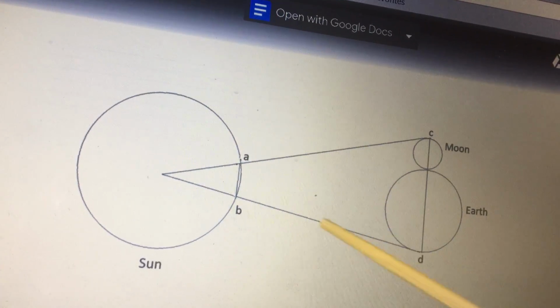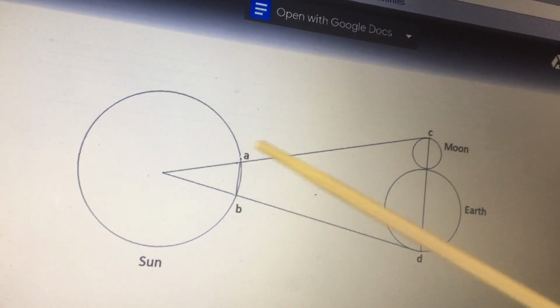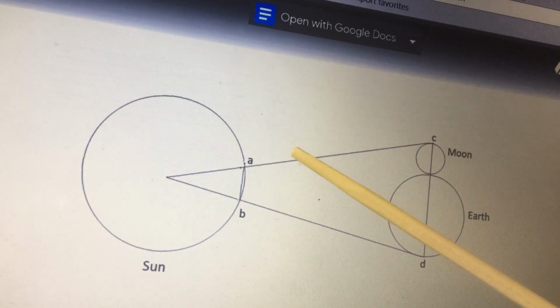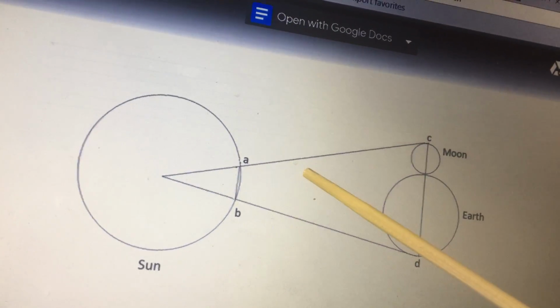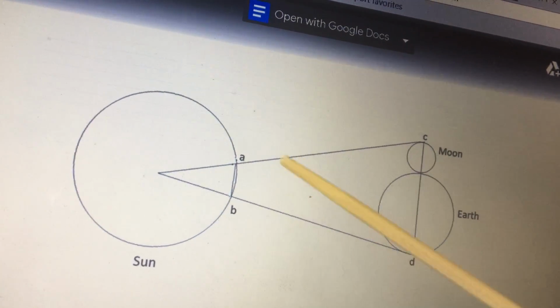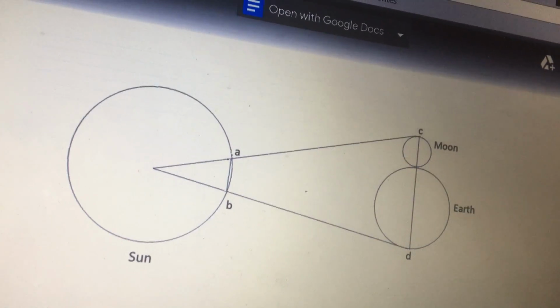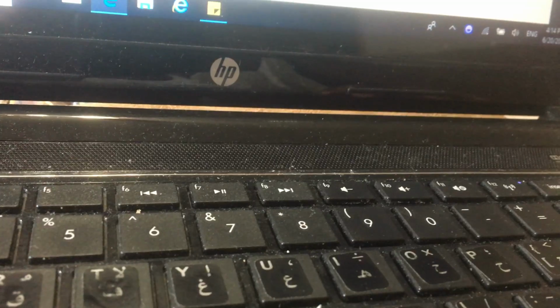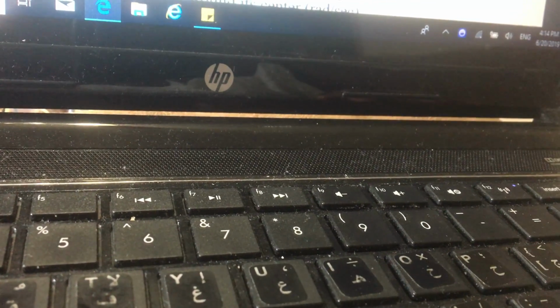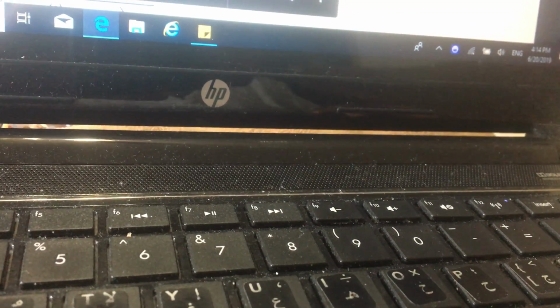We know 3 variables out of 4, so we can get the unknown fourth variable, which is AB. Okay, so we'll go back to the formula and continue with it to check if this is right or wrong.